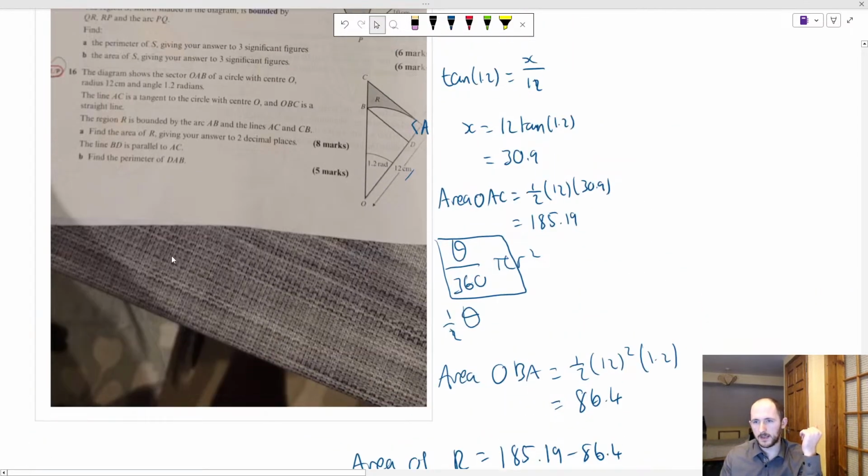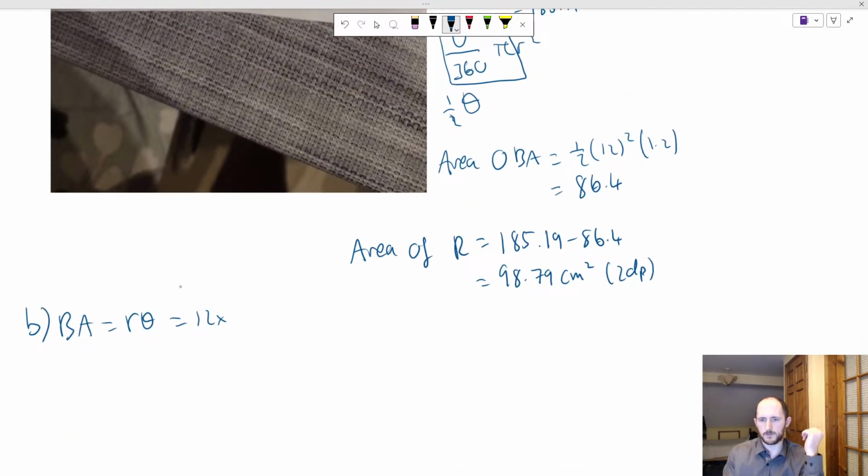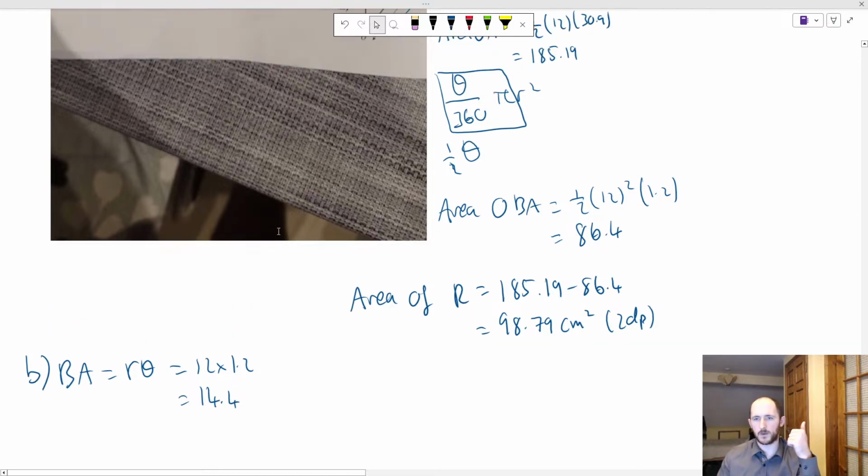So I'll call it BA equals 12 multiplied by 1.2, which I'm going to use a calculator for, just to be completely honest, is 14.4. Good, we know the first one.